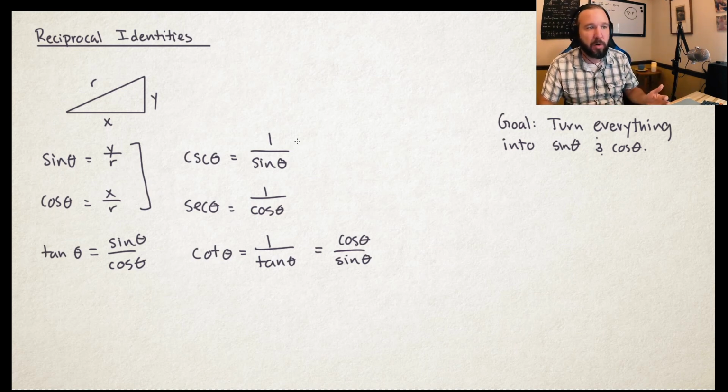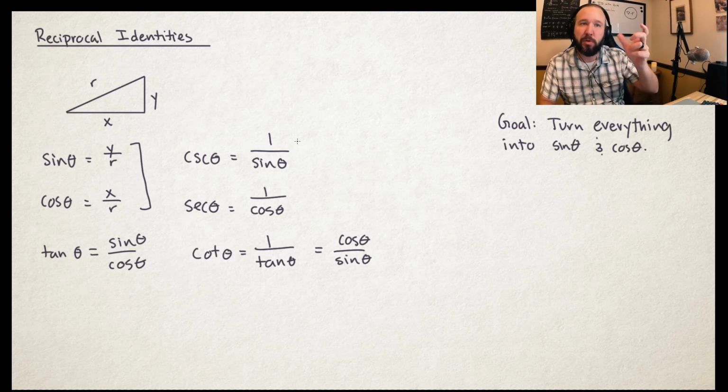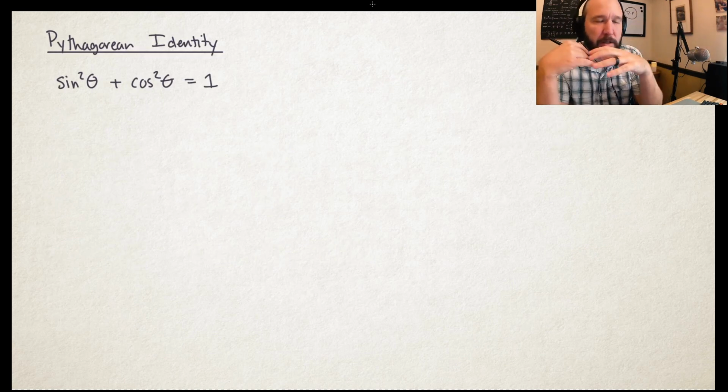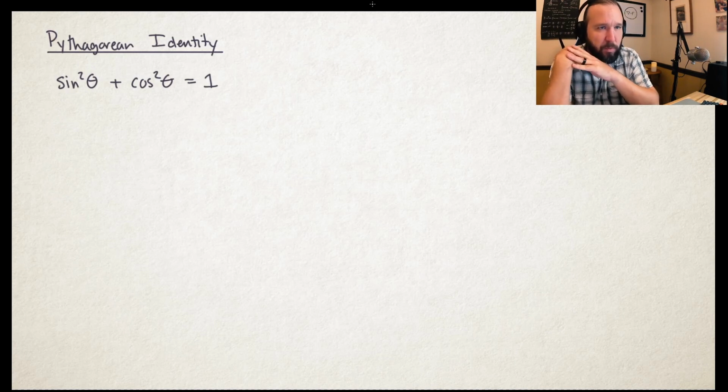So, these make sense to me from doing that 1 over r trick, and then also I just kind of commit them to memory. Okay, so here is the basic Pythagorean identity that we've seen before, and I'm just going to manipulate this a little bit, and there's a few other ways that you can view this identity.